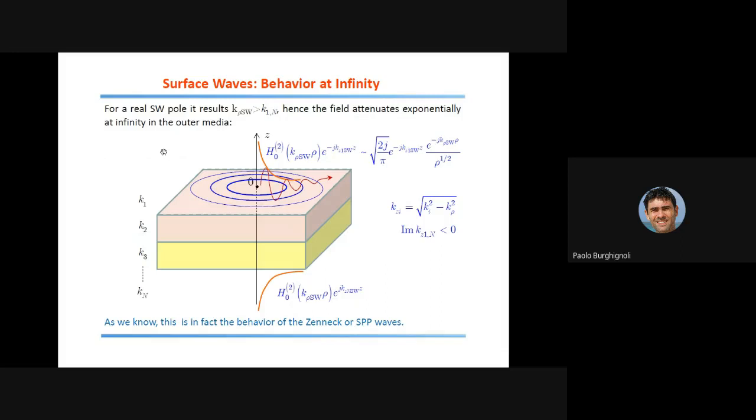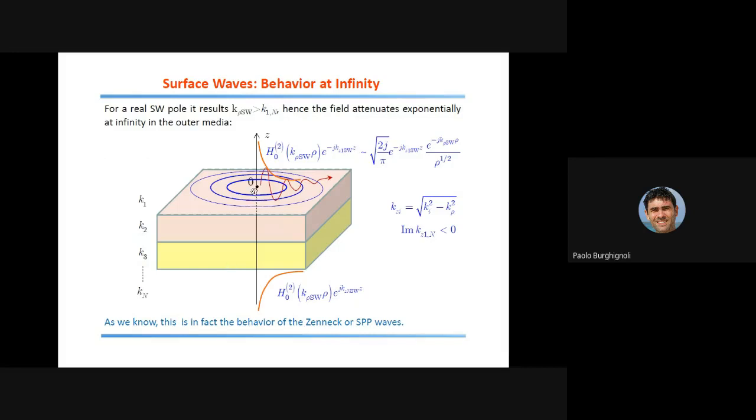For a real surface wave pole in particular, the wave attenuates exponentially at infinity in the transverse direction, along the z direction, both in the upper and in the lower semi-infinite media. That's more or less the structure of the Zenneck or surface plasmon polariton waves that we already discussed in our previous lesson.